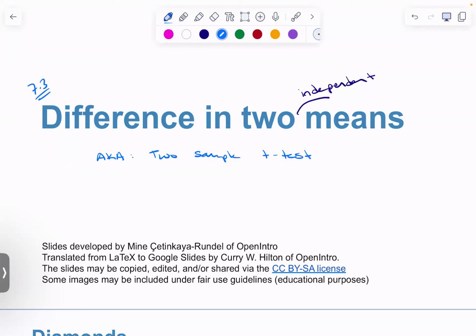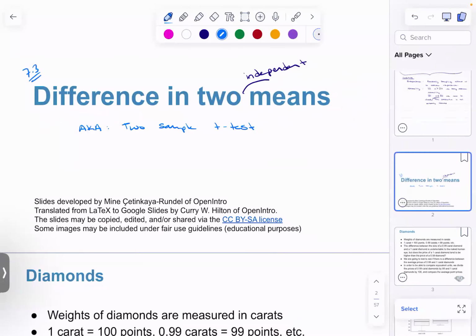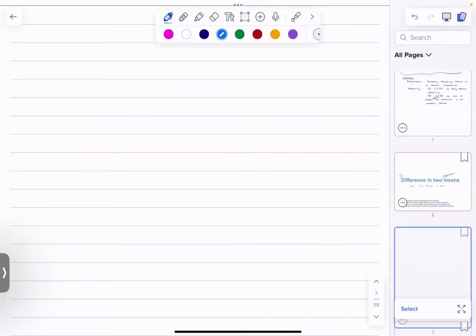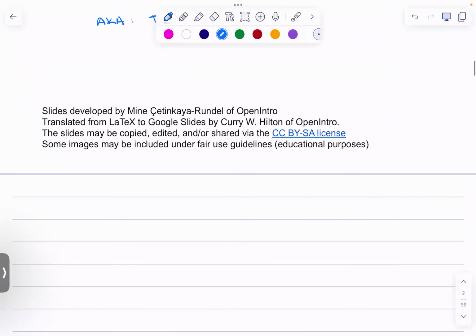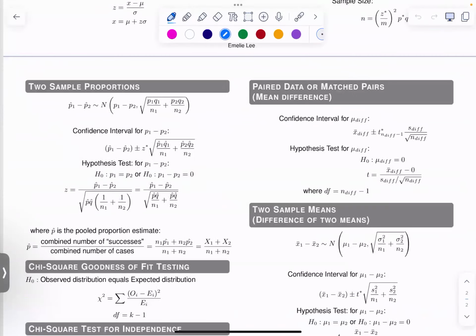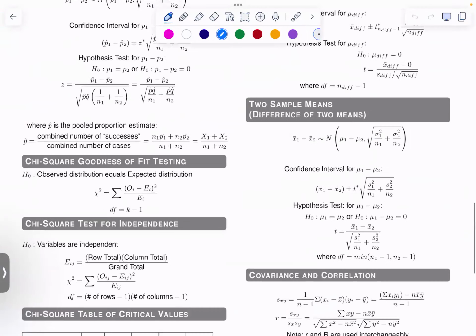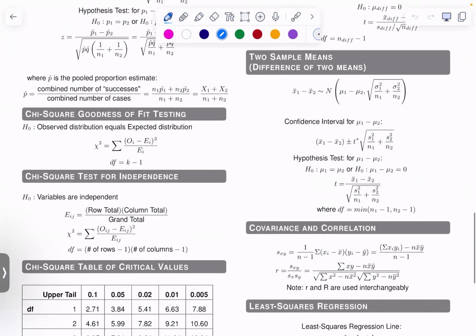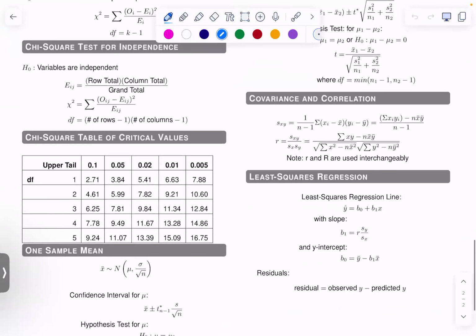So what is it? Well, before we introduce the example, I want to do the same thing that we've been doing, where we just break down what's on the formula sheet, right? And talk about it. And then I will point out that we're getting so close to the end.